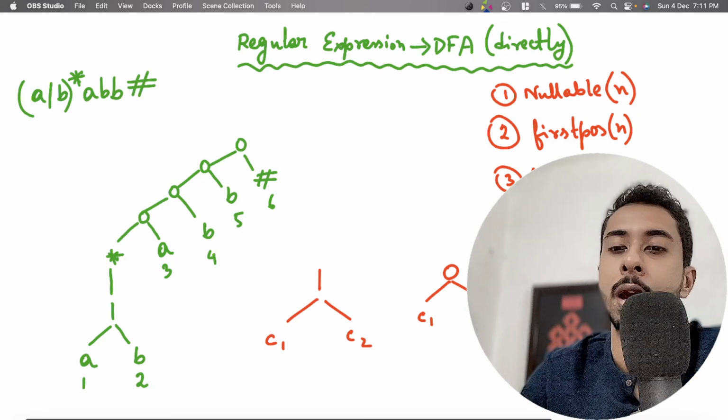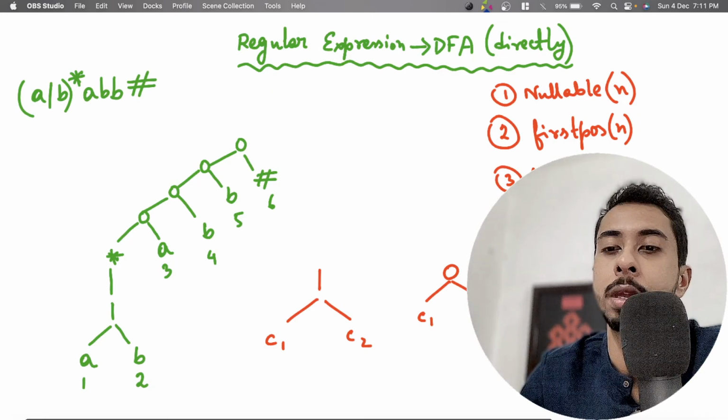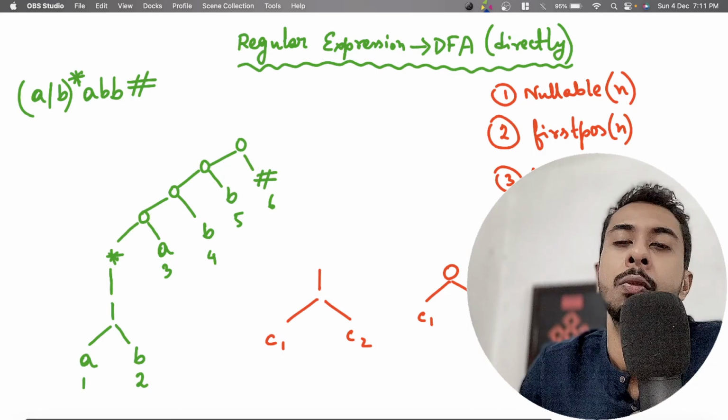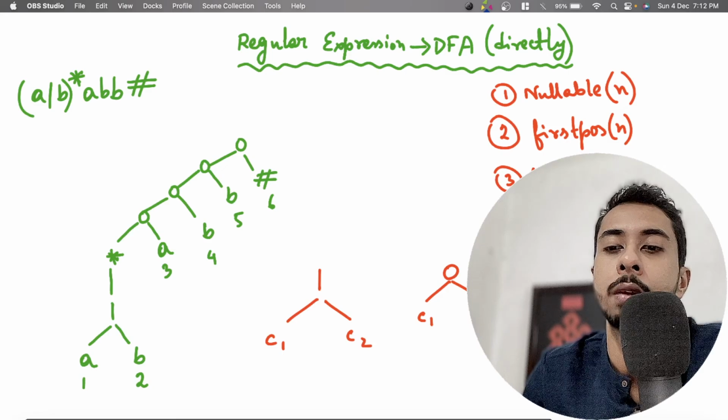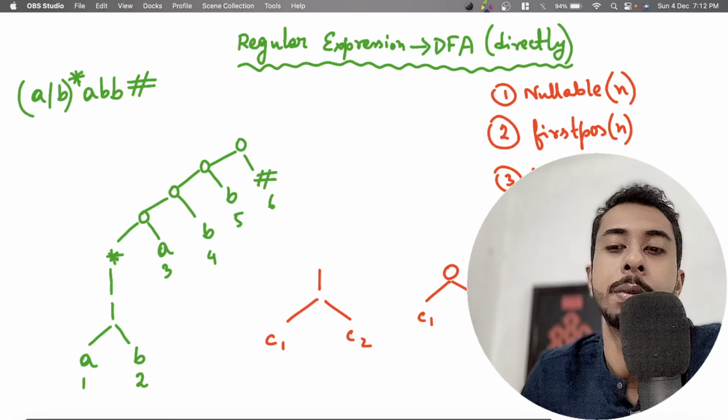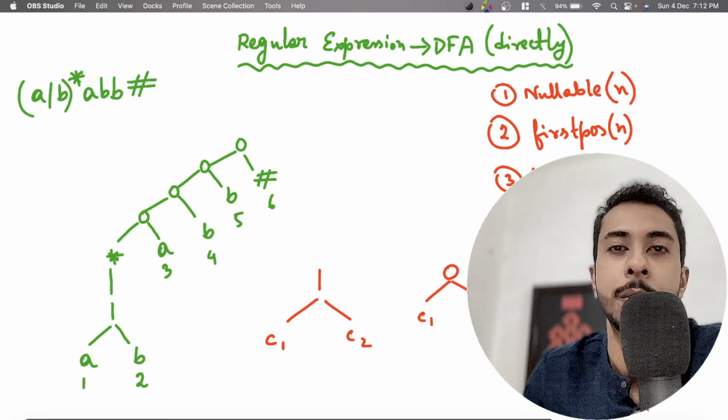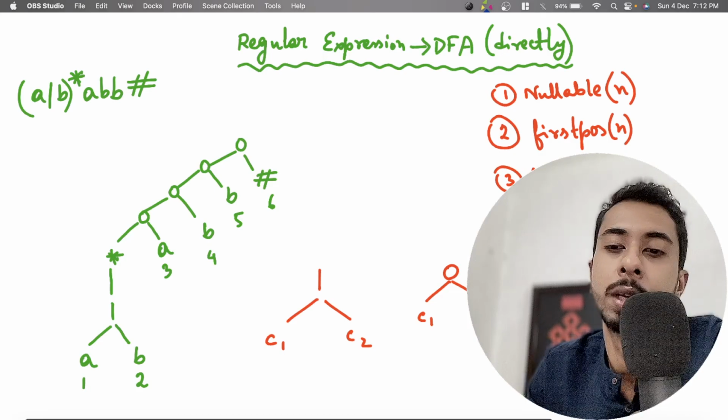Say for example, we have A or B, A or B star. I may not choose any one of them. So I can simply keep the string null here, no issue, because there is a star. But is it possible like this? Say A, B, then A is present. Then what will be the minimum string which must be produced by this regular expression?